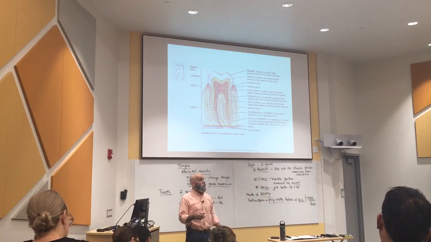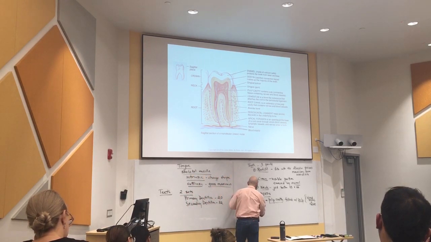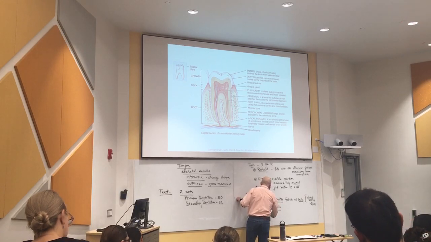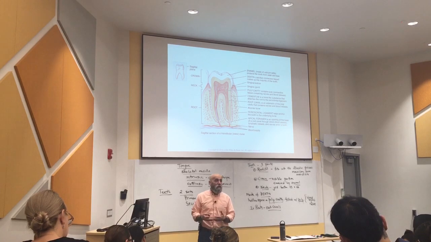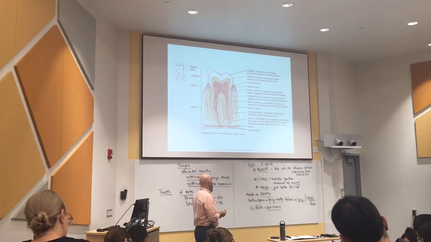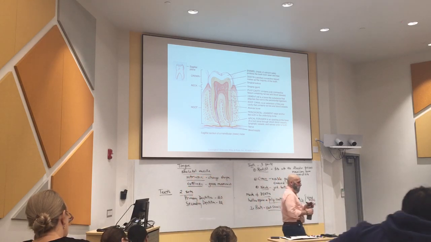Now, the way the blood vessels and nerves get into the tooth, some of you may have heard the term before: in the roots, there are little things called root canals. And the root canals are how the blood vessels and nerves get into the tooth. I can point some of these things out to you in just a sec.